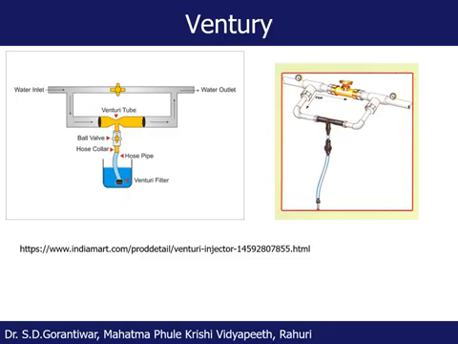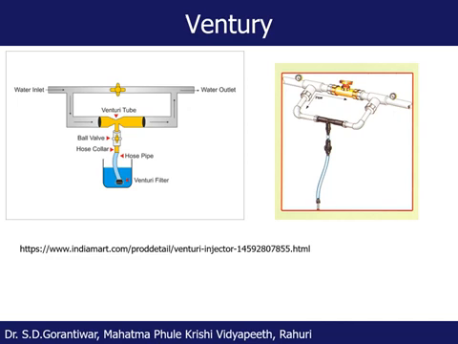The rate of injection is very sensitive to pressure variation, and small pressure regulators are sometimes needed to make the injection constant. In the figure, there is a water inlet and the venturi is installed across the pipe.